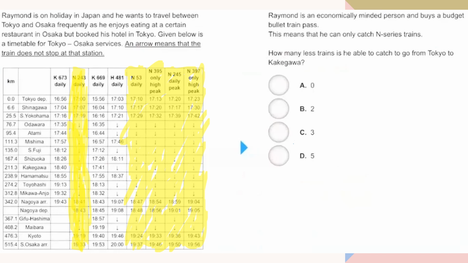How many fewer trains is he able to catch to go from Tokyo to Kakigawa? This is Tokyo, and we have to go to Kakigawa. So let's see which trains stop at Kakigawa. This train stops at Kakigawa, this train stops at Kakigawa, and no other train.